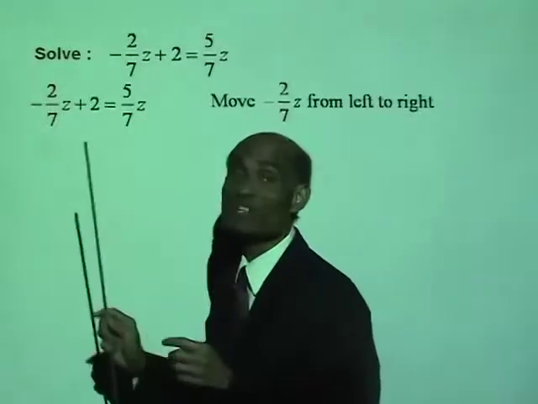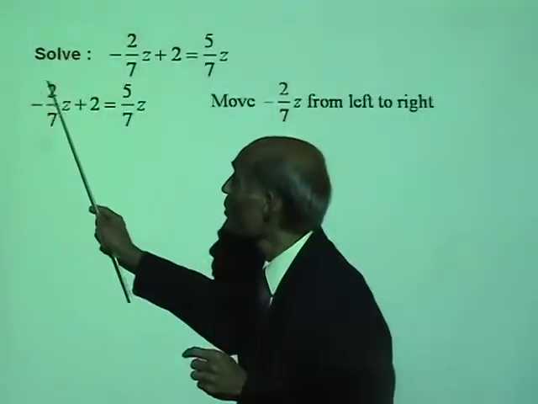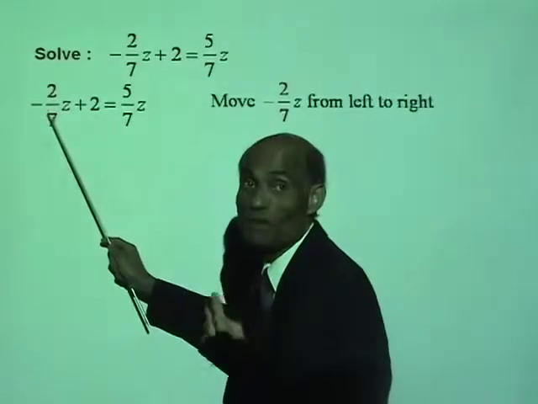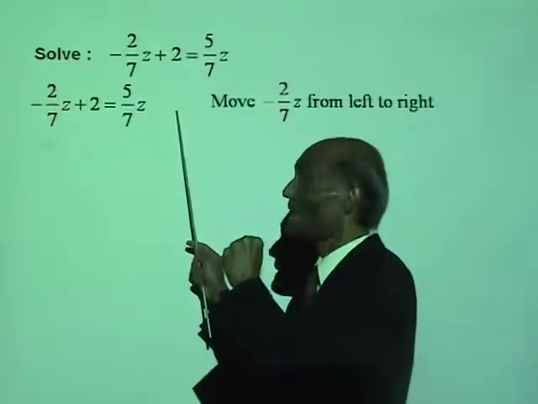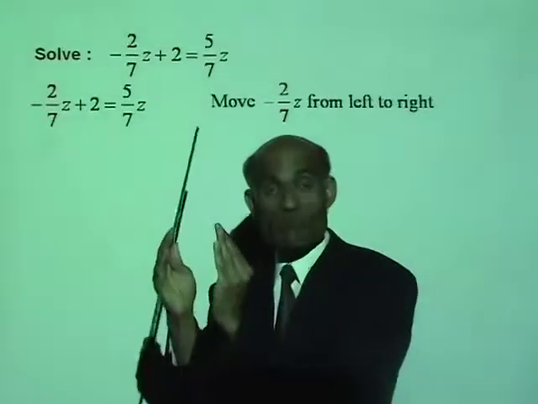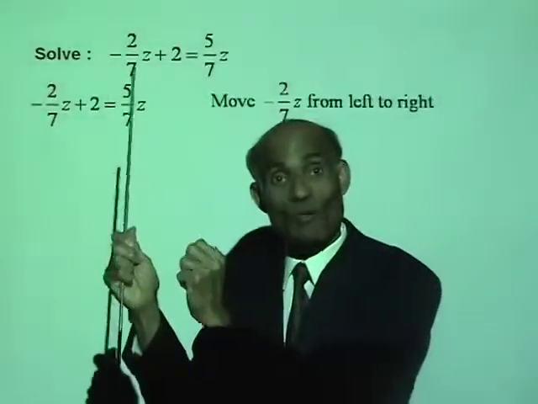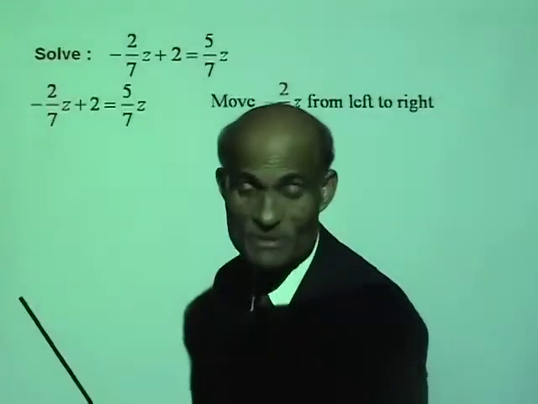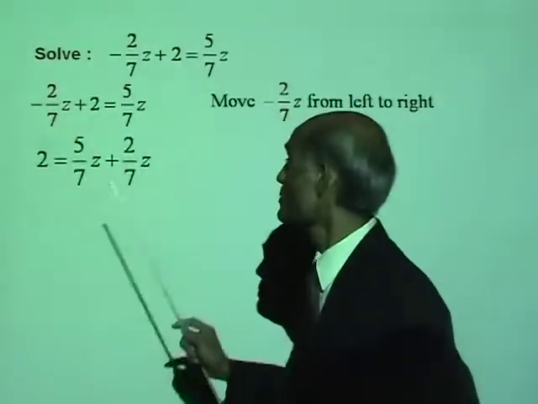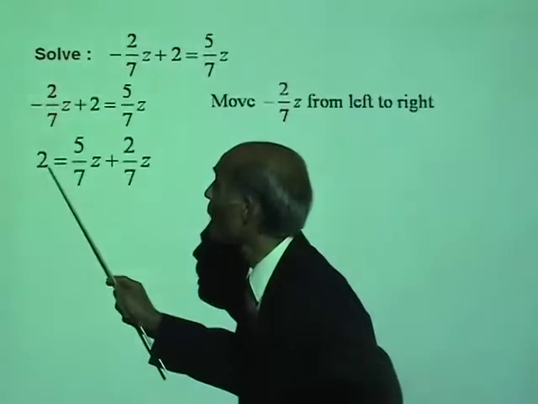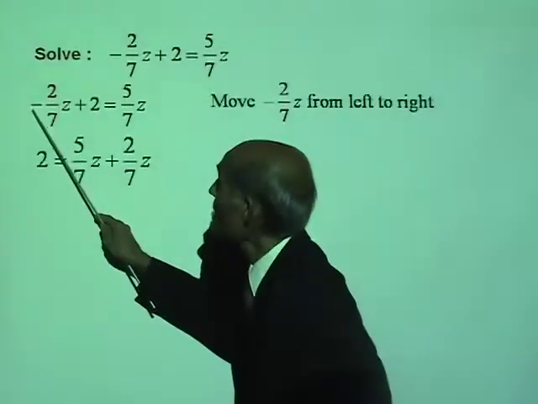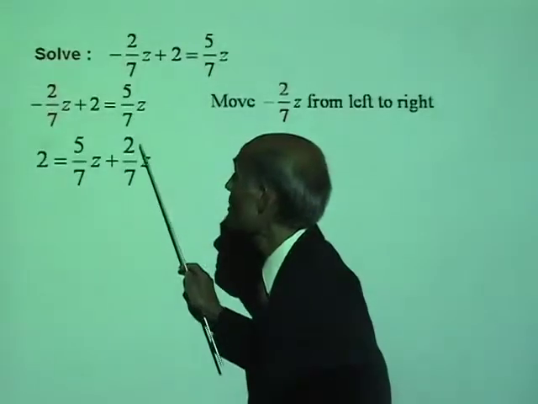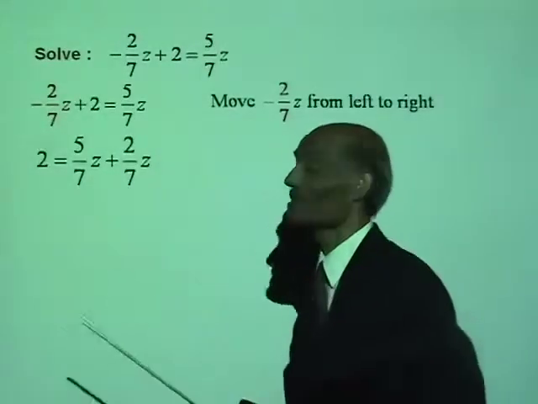So in this equation, we are now going to move the negative 2 over 7z from the left to the right, so that the terms in z will all sit on the right and the number alone will be on the left. Okay, so that gives me 2 on the left, and the negative 2 over 7z moves to the right to become 2 over 7z.